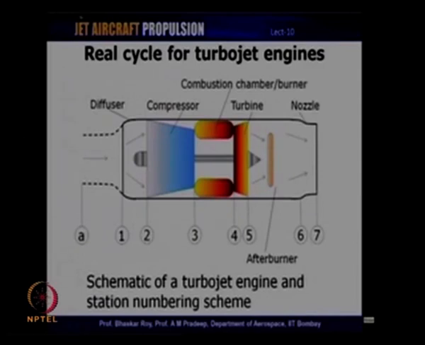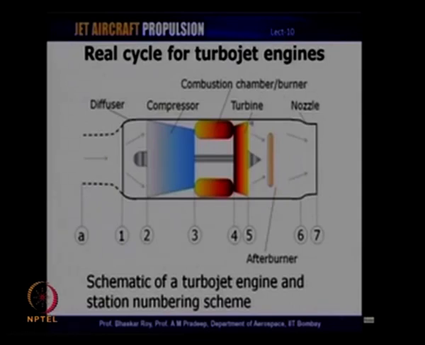One of the first components that we can see in a turbojet engine is the diffuser, and then the compression process begins with the diffuser and continues in the compressor, and subsequent to the compressor we have the combustion chamber where heat is added, that is, fuel is burned in the combustion chamber and the temperature reaches its maximum in the entire cycle.